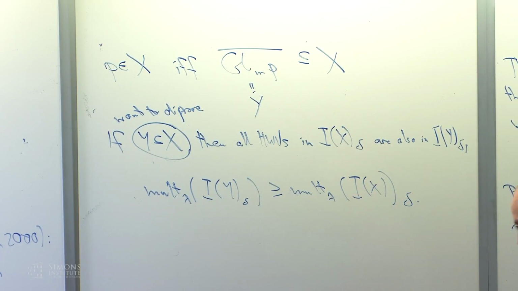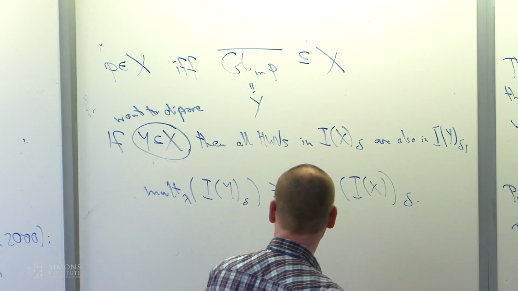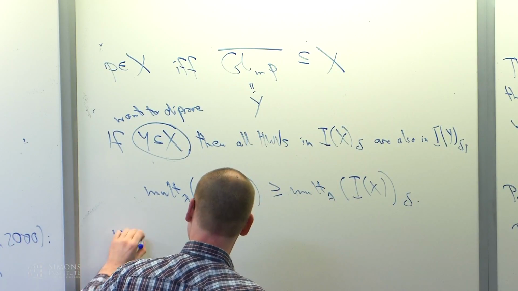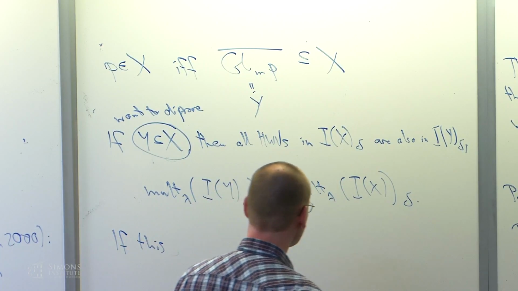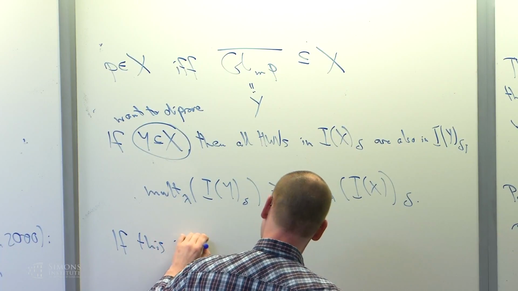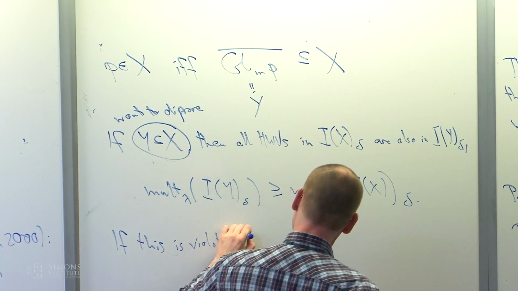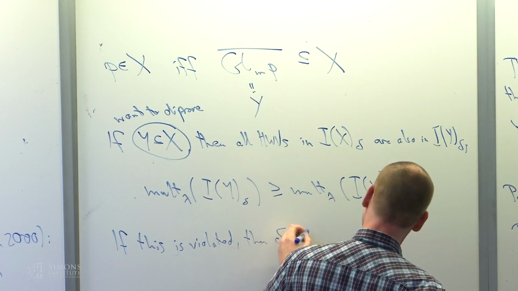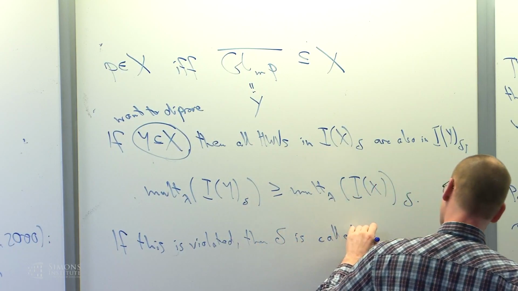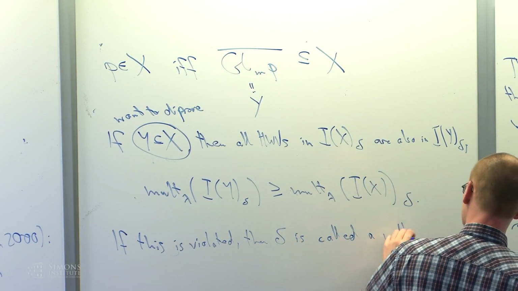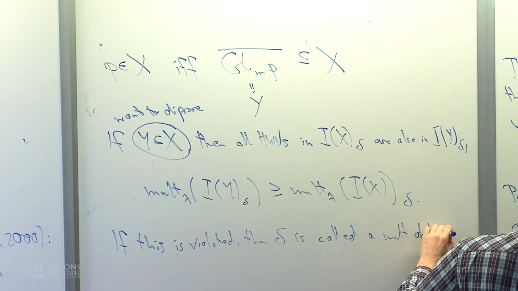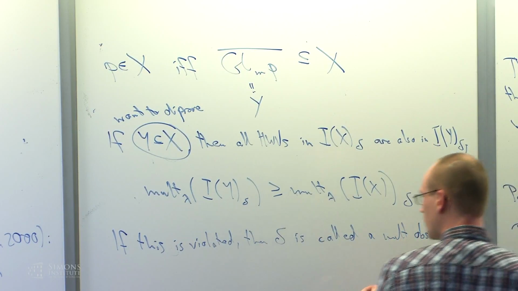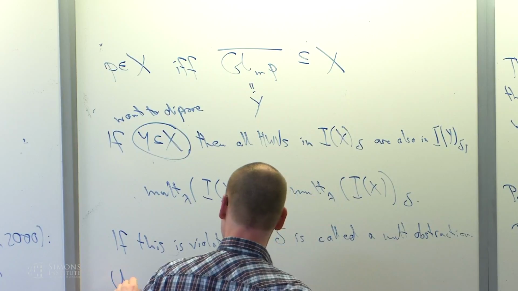And if this is violated, then you call this a multiplicity obstruction.